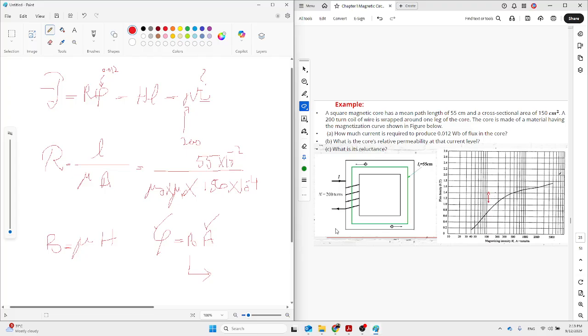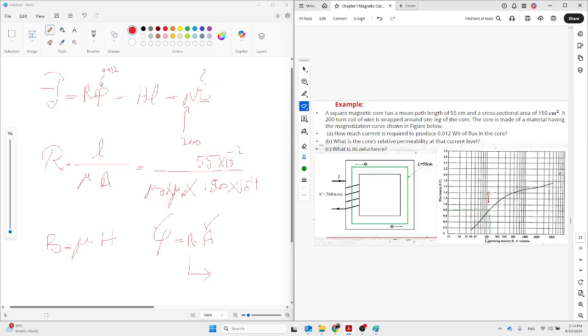Phi is 0.012 divided by A, which is 150 times 10 to the minus 4. The value is 0.8, so B is 0.8. This is exactly here, somehow.